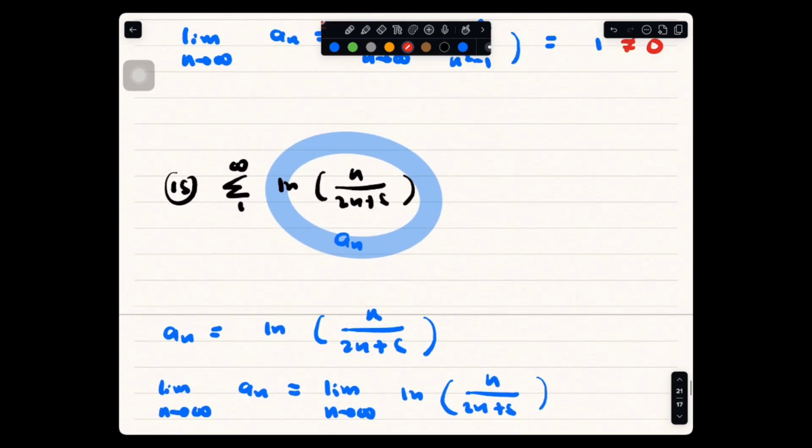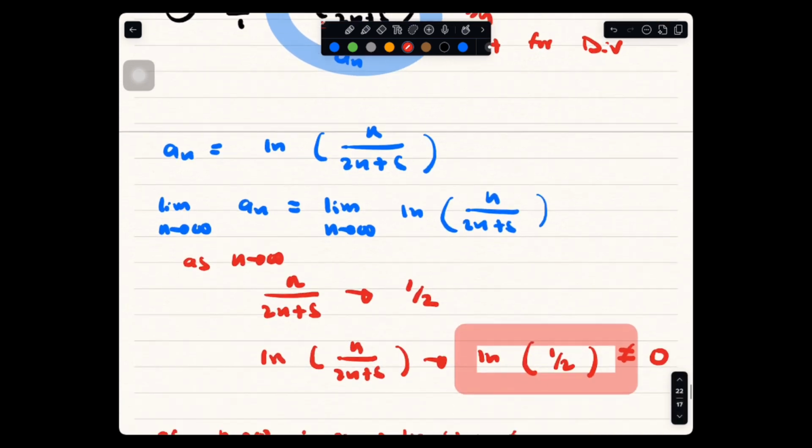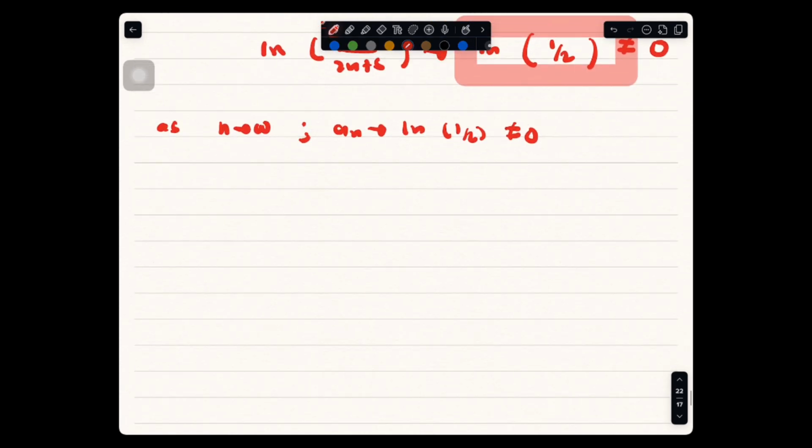That means the series diverges by the test for divergence. Okay, and then finally, 16.